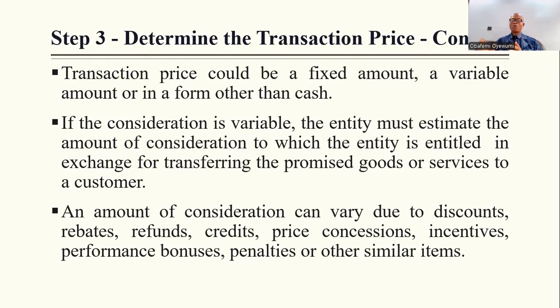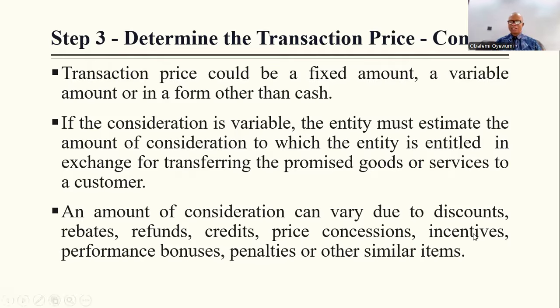But if you buy 1,005, okay, the amount of money will reduce to 480 naira. So that's a discount. So it becomes variable at a particular point. So it's not going to be fixed. All right. So it's possible for a contract to be like that. So all of this must be put into consideration. That's what we're talking about here.